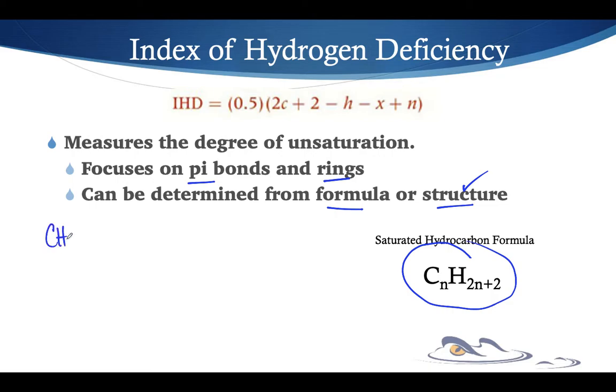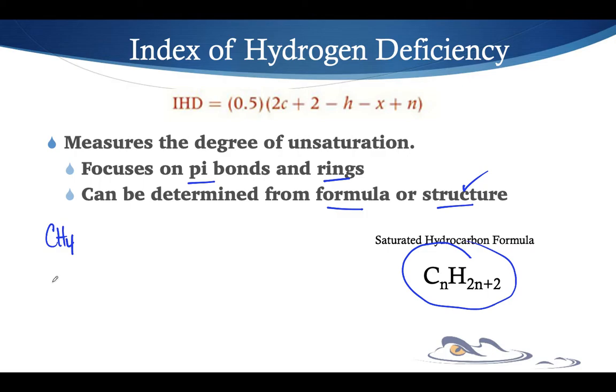So what if I have CH4? CH4 here would be 1 carbon, so here n is 1, and then it would be 4 hydrogens, so 2 times 1, those two n's are the same, 2 times 1 plus 2, that would be 4. So you can see that is the formula for methane, which is a saturated hydrocarbon.